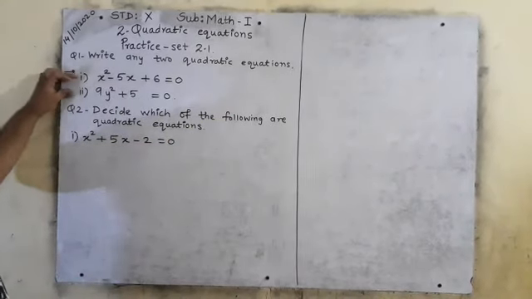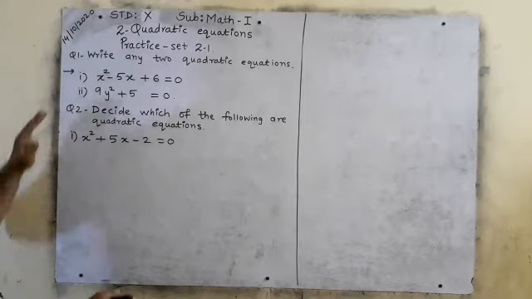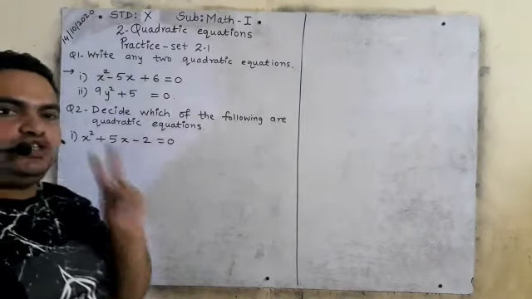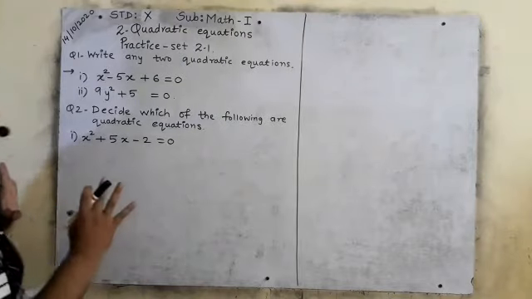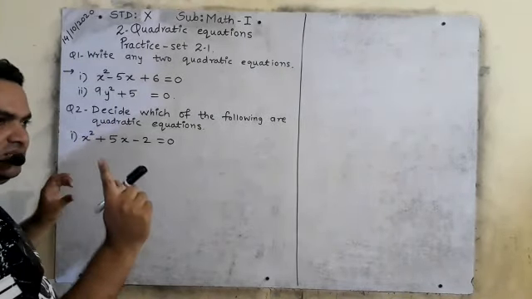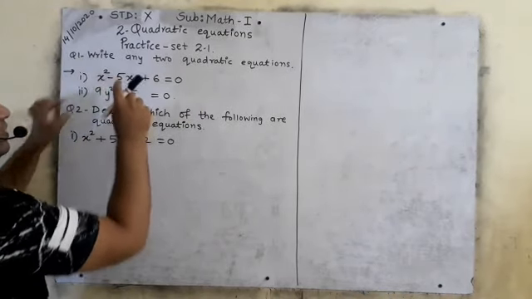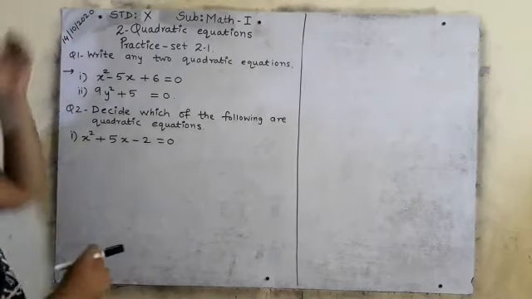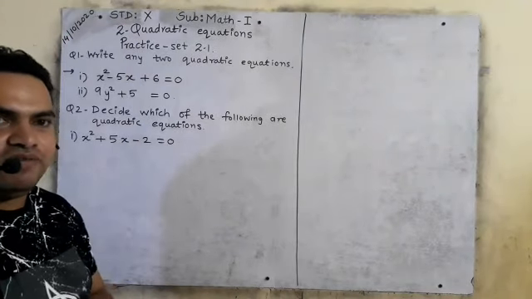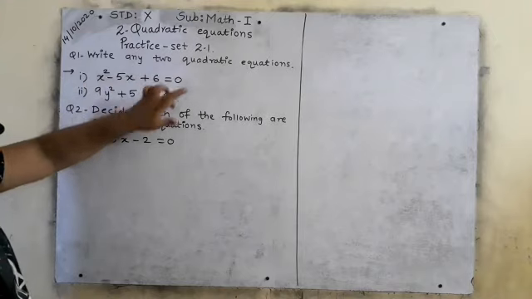You can write any two quadratic equations with any variable whose highest degree should be 2. There should be an equation with only one variable in that equation, but the highest degree should be 2. That is only the quadratic equation. So see, I have written x square minus 5x plus 6 is equals to 0.